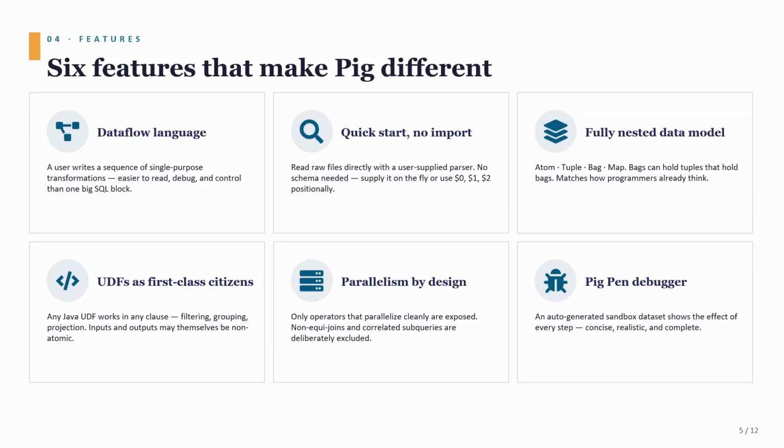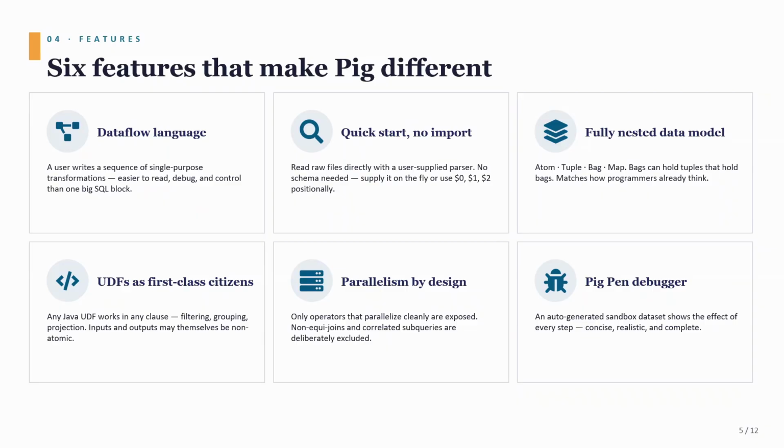The third one is that Pig supports a fully nested data model. For example, a student record can contain multiple subject marks inside it, like Alice having math and science scores together in one record. This structure matches how programmers naturally represent real-world data.